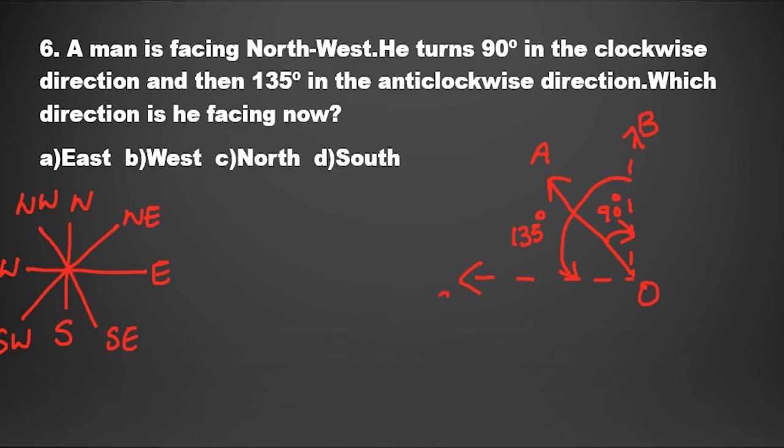Let it be OC. After the anti-clockwise turn, the position of the man would be in the OC direction. Which direction is he facing now? Now he is facing in the west direction. So the answer is B, west.